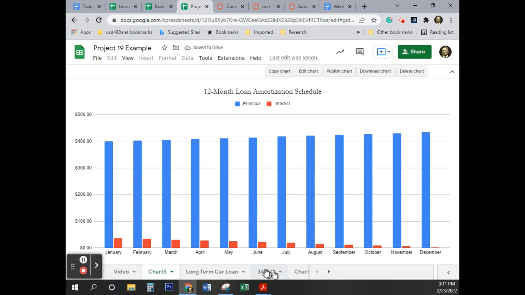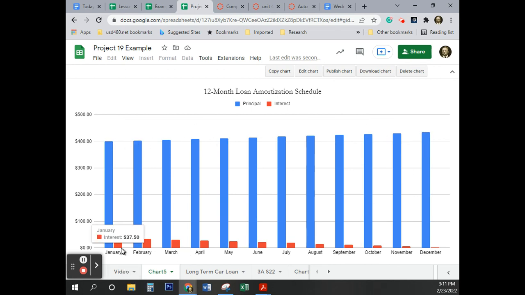Now, what this is showing us is that as the amount of the payment that goes towards the principal increases, the amount of it going towards the interest decreases. You could say the exact opposite, that as the amount of the payment that goes towards interest decreases, the amount of the payment that goes towards principal increases.